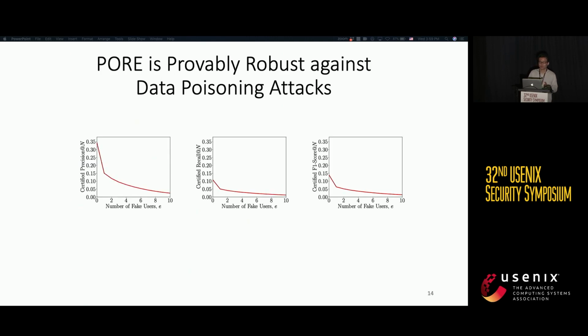So this result shows our PORE is provably robust against data poisoning attacks. The x-axis is the number of fake users, and the y-axis is certified precision, recall, or F1 score averaged over all users. As we can see, our PORE can provide a lower bound on the performance of our ensemble recommender system under arbitrary data poisoning attacks with at most E fake users.